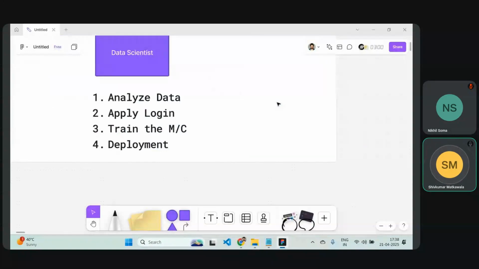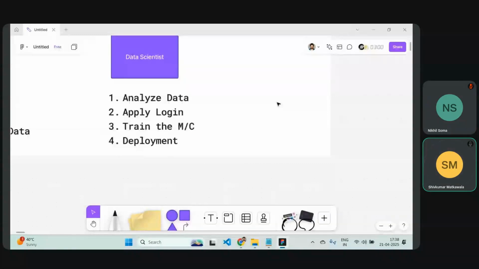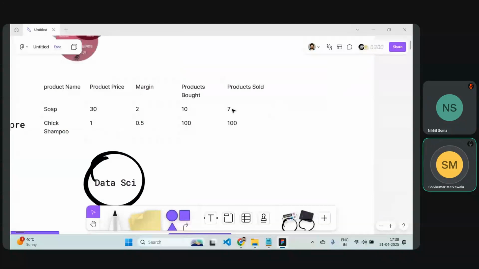You give the machine data, the machine gets trained. Now you are asking questions to the machine, and the machine is also giving you certain data. For example, you fed this whole data, and you ask: in this coming year, how many shampoo packets will be sold?